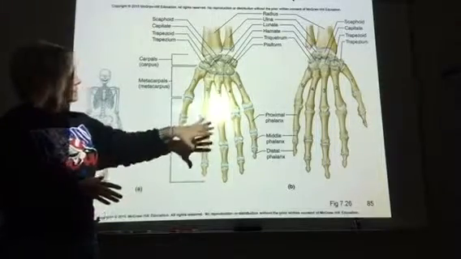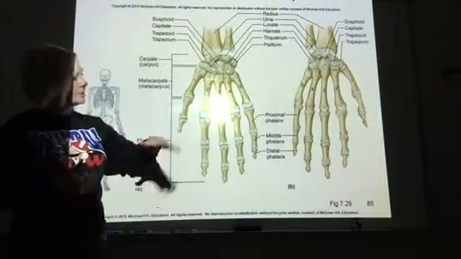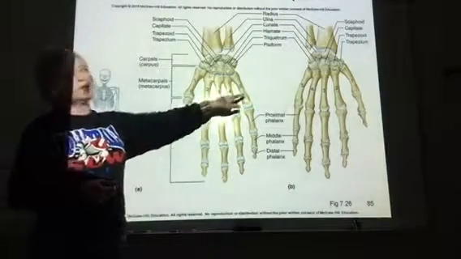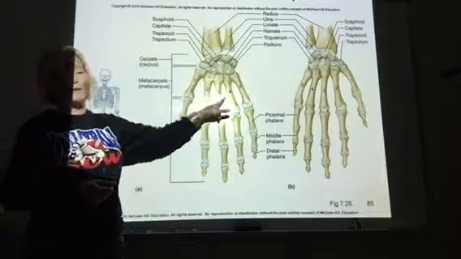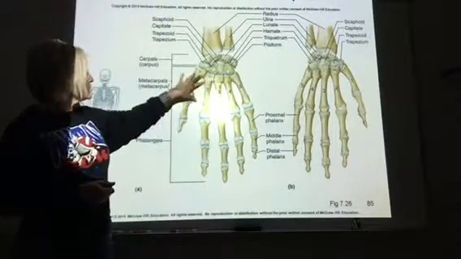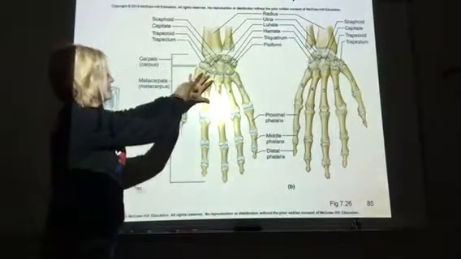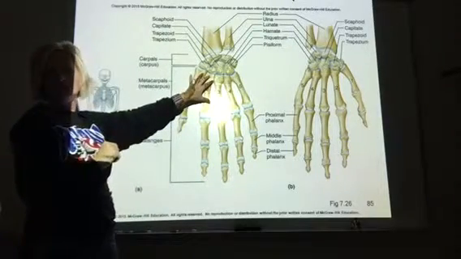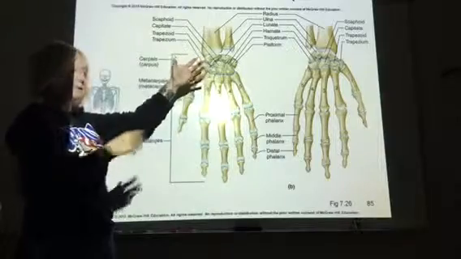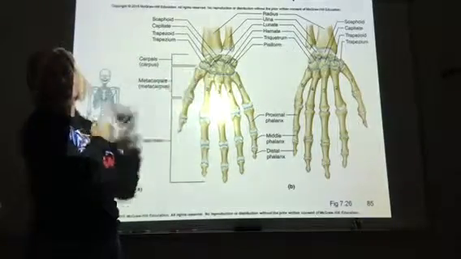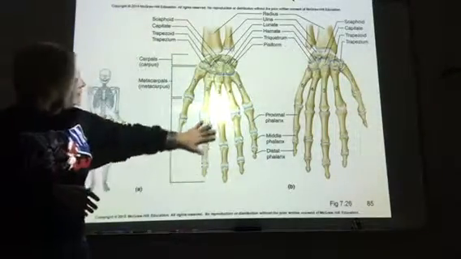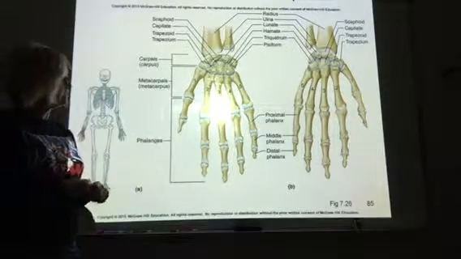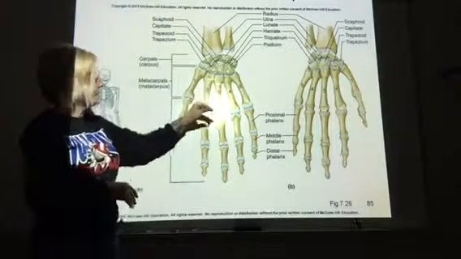When I look at my digits, they're numbered. So the thumb is going to be 1, 2, 3, 4, 5. So 1 starts with the thumb and moves outward. These are my metacarpals that make up the hand part, basically, of my hand. It makes up the hand, or the palm part, I guess is what I should say. When you look at your phalanges, or your fingers, so here's the end of my hand.